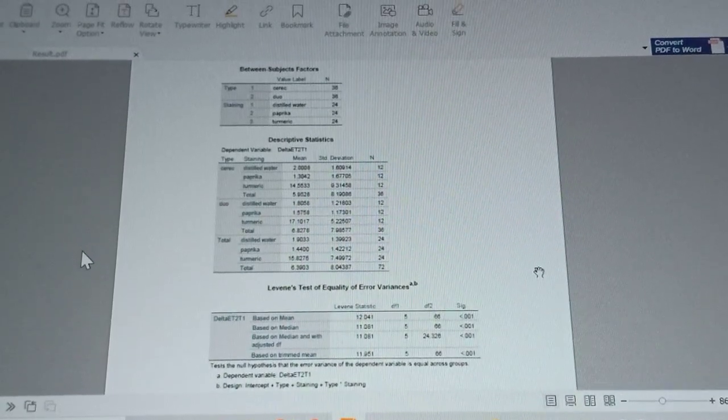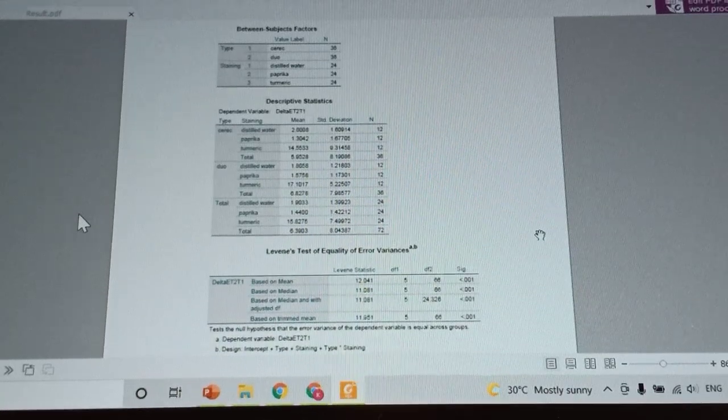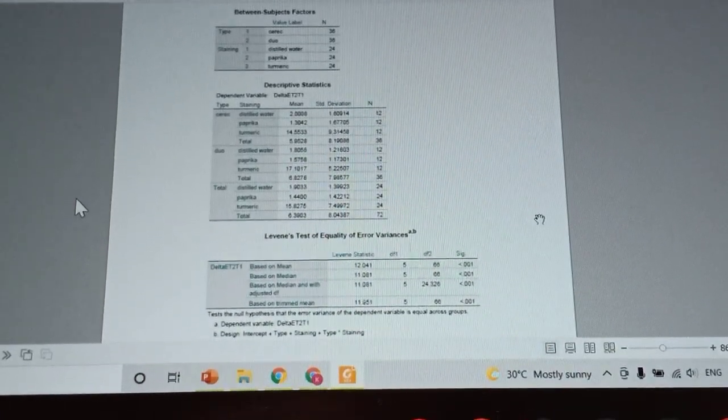Yes, go ahead. Regarding the normality test, do we usually have to add in the control or not? Since we have 3 solutions, do we need to include the distilled water, because that is the control, in our normality test? Oh, yeah, you're supposed to.